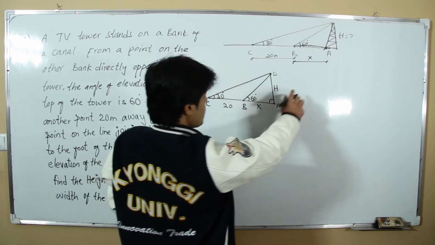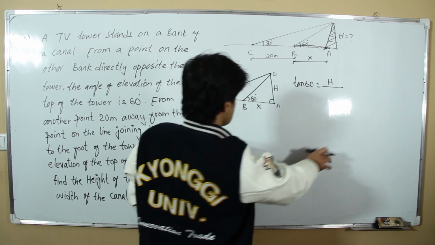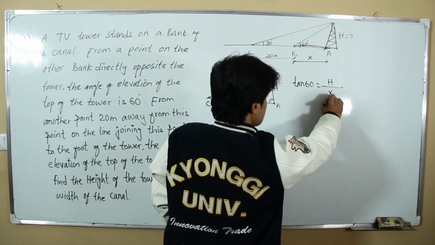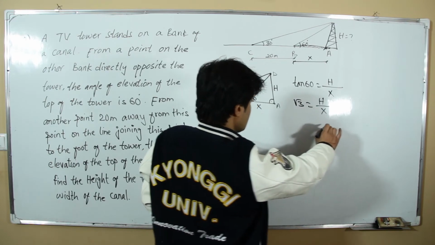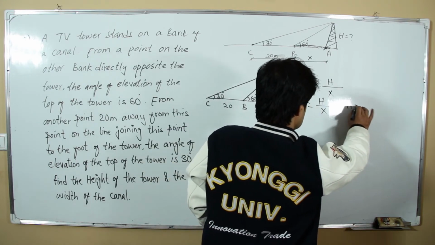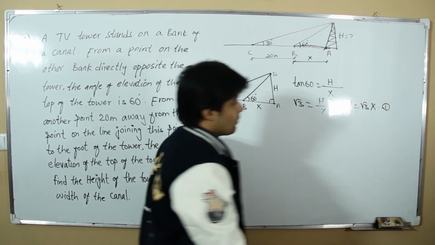If we define tangent of 60, it is opposite divided by adjacent, which is x. This one is root 3, h by x, and h is root 3x. This is our first equation.